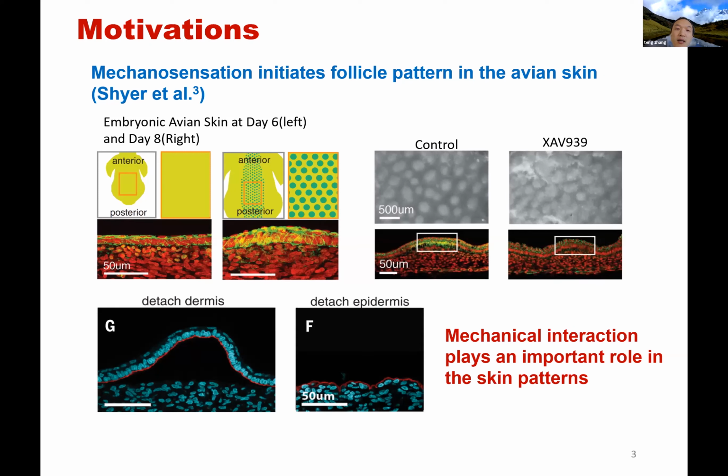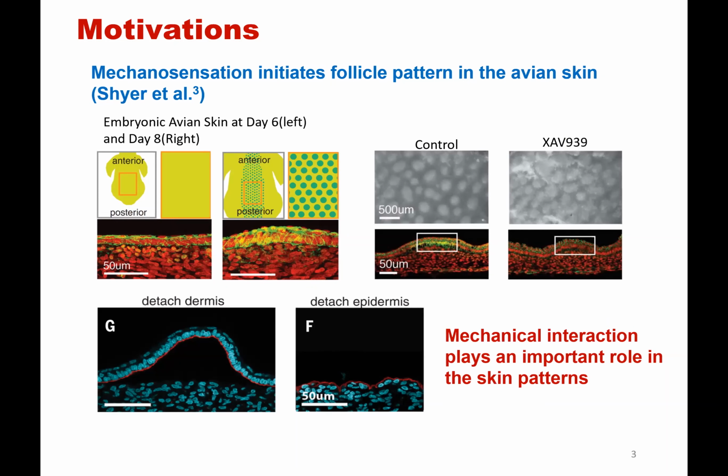You do not only have this mechanical compression, you will also have active traction due to cells and other chemical and biological interactions. So it's a very complicated process, but this gives some indication or evidence that the mechanics can play an important role.